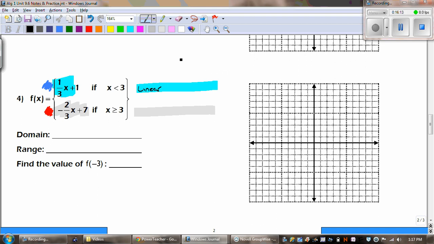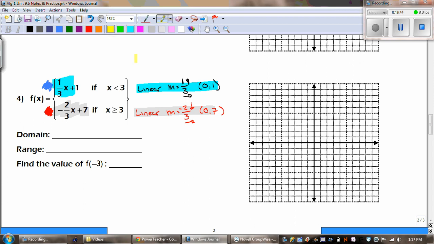So when we're talking about linear, I need to know my slope, and my slope is 1/3, which tells me up 1, and then to the right 3, and then we start at 0, 1. Now the gray one, that is also a linear, and our slope is -2/3, which tells me I have to go down 2 and to the right 3, and we're starting at 0, 7.